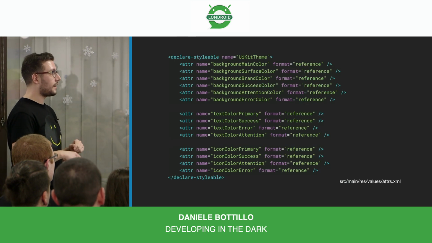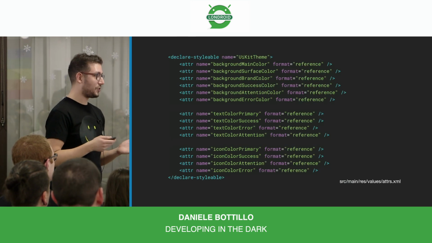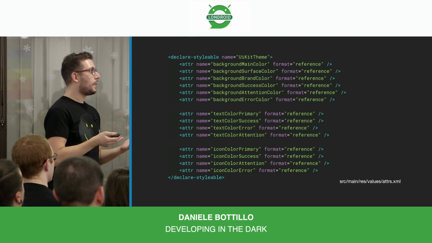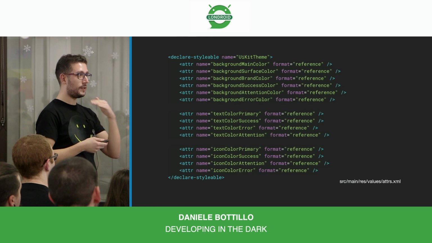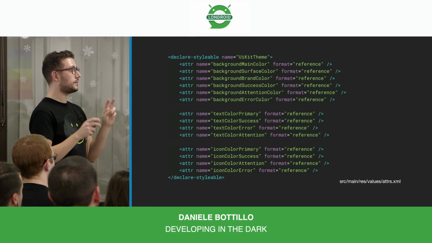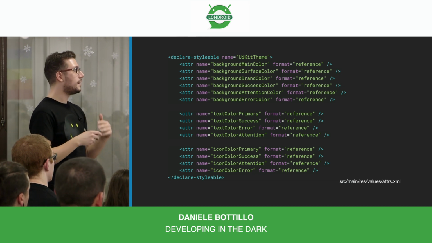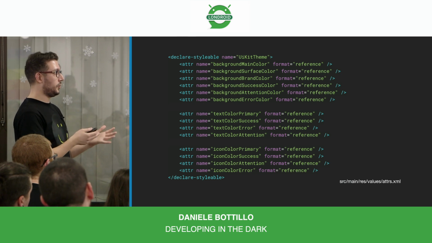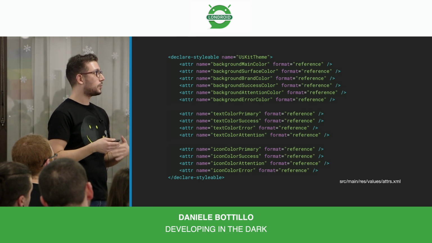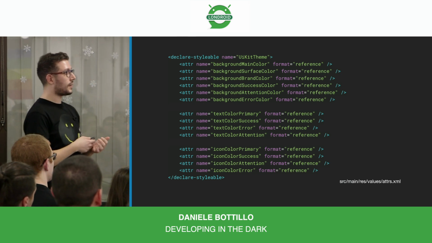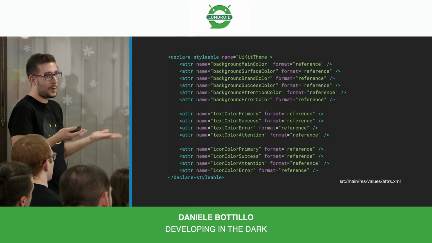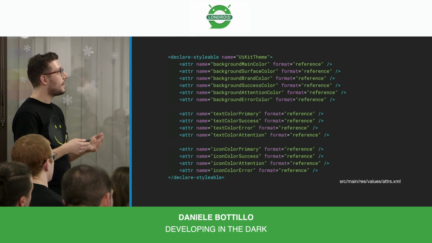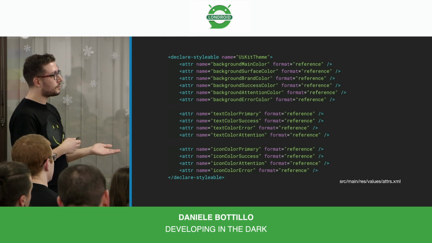But of course, this is a generic library, and we add our own colors. As I showed a bit earlier, we defined all those error colors, success color, brand color, so we couldn't use the ones from the library. So we went ahead adding those attributes to our own theme. Here we define a UI kit theme, UI kit being the name of our design library, and these are the attributes of our theme.